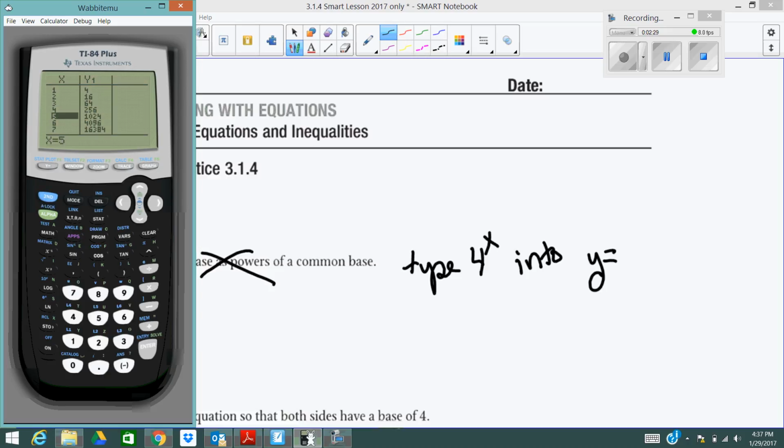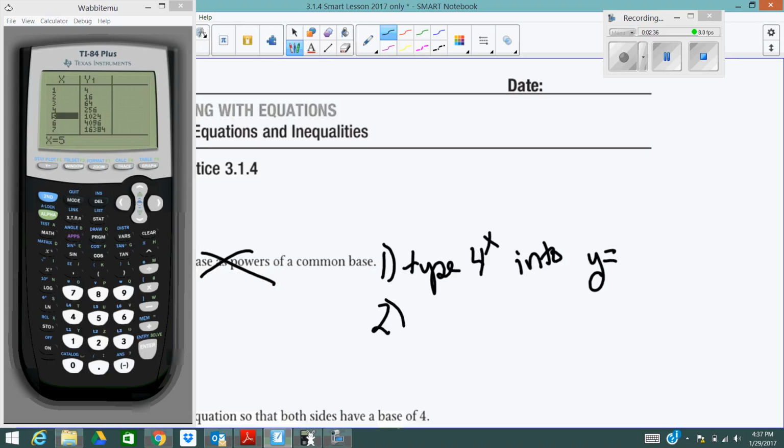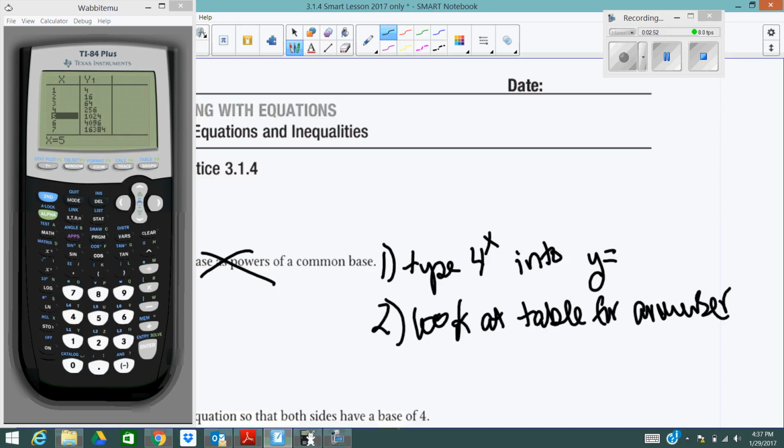So there we go, I found my answer. So type 4 to the x power into your y equals, look at the table for the answer. And this will work 95% of the time. In this case, when x is 5, y is 1024. So x equals 5.